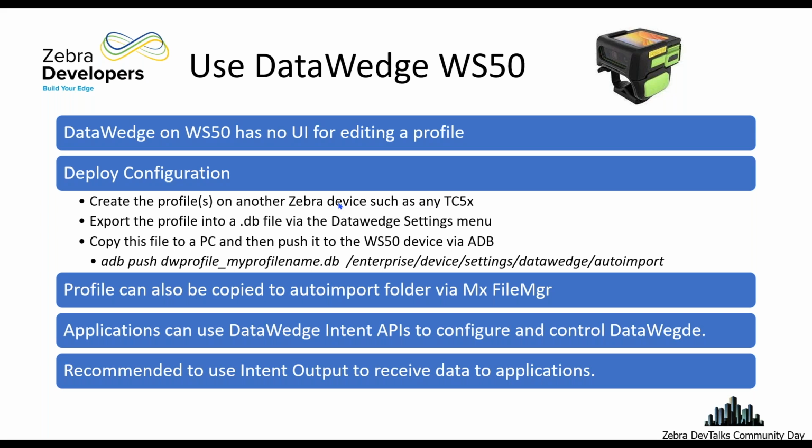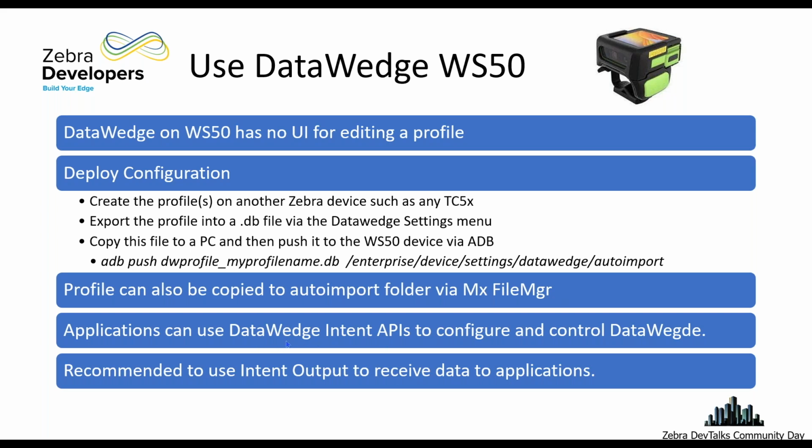After that, you can deploy it to the enterprise auto import folder, or you can use a file manager in order to copy it to the auto import folder of the device, so that DataWedge will automatically integrate this new configuration and works accordingly.